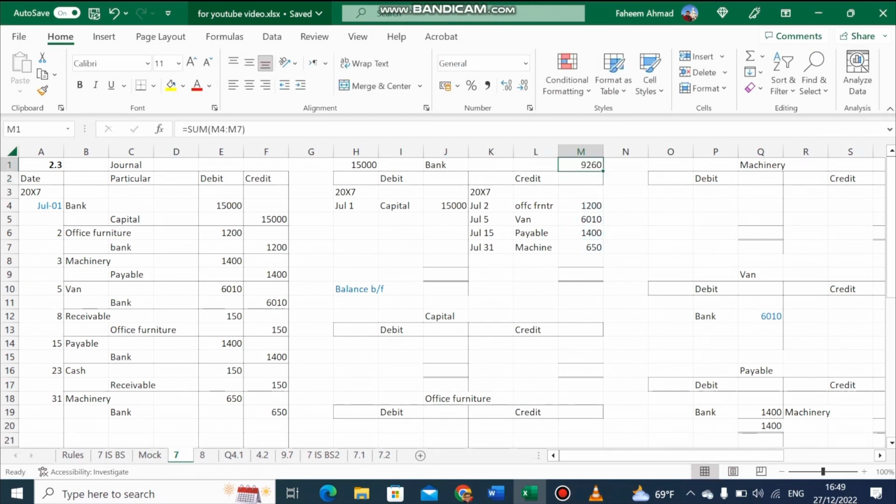Total of credit side is 9260. Whichever side is bigger, you will check. So debit side is bigger. How much is it? It's 15,000. So in this total column, I'm going to post 15,000 on both sides.